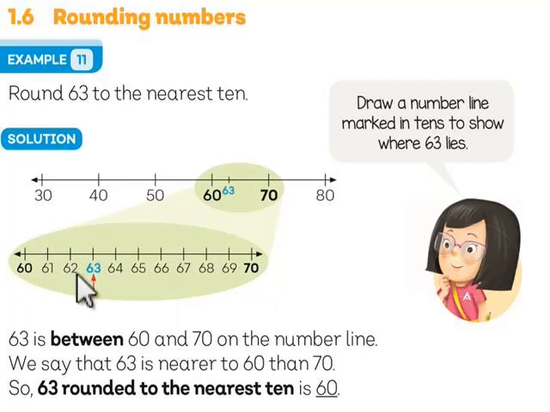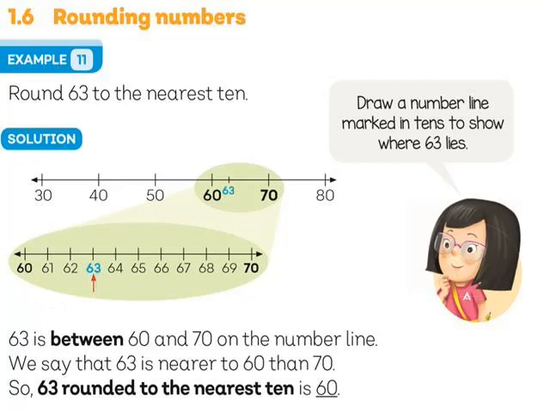If we count backwards, 62, 61, 60, 60 is near. So when we round 63 to the nearest 10, the answer is 60, because 60 is near.